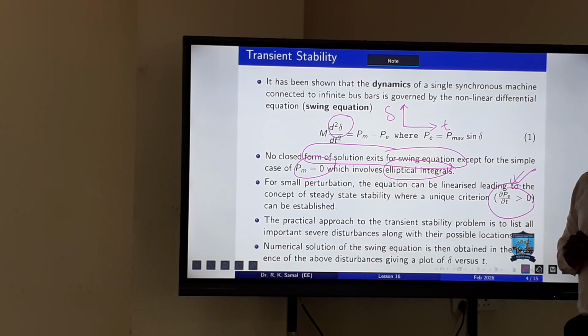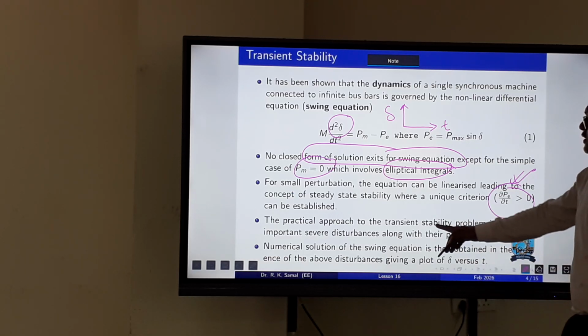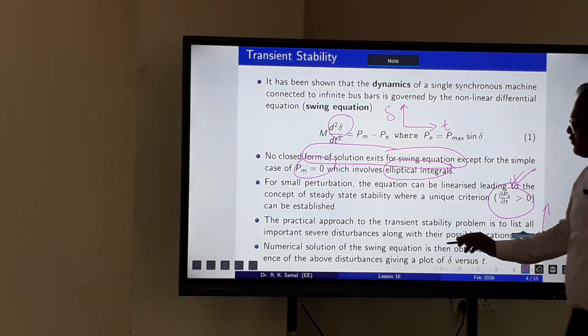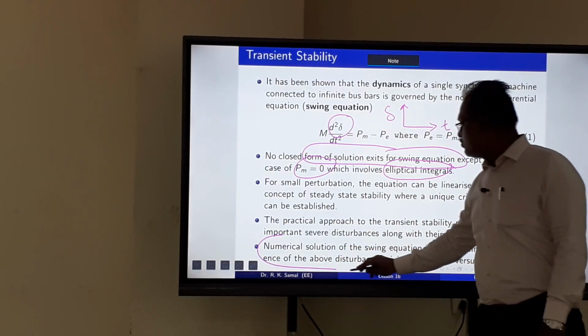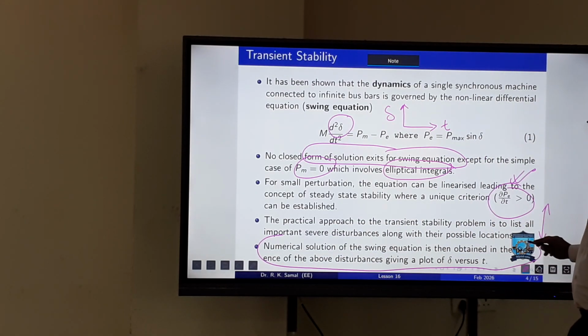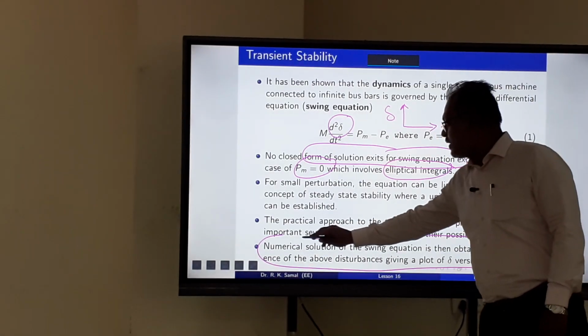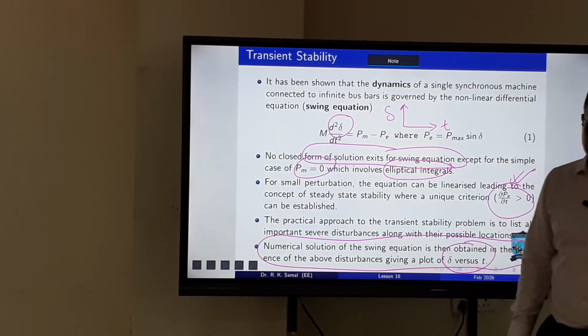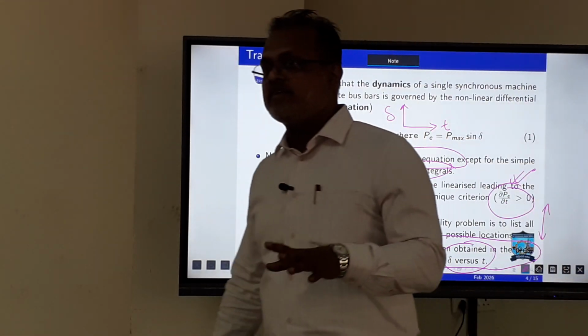A generator must respond to load change. That is what is required. The practical approach to the transient stability problem is to list all contingencies and do it. And the final solution is the numerical solution of the swing equation, obtained in the presence of the above disturbances, giving a plot of delta versus t. The last line is the answer.